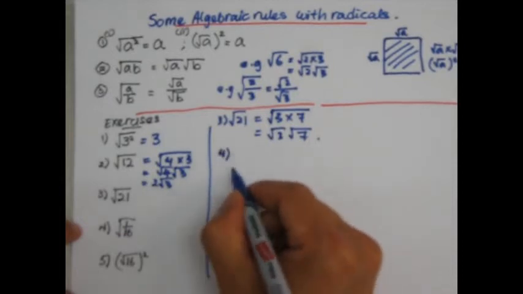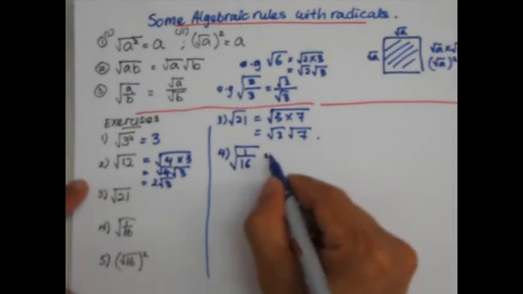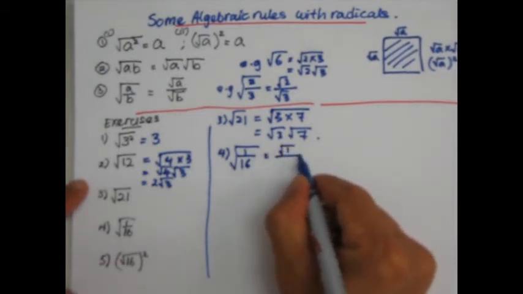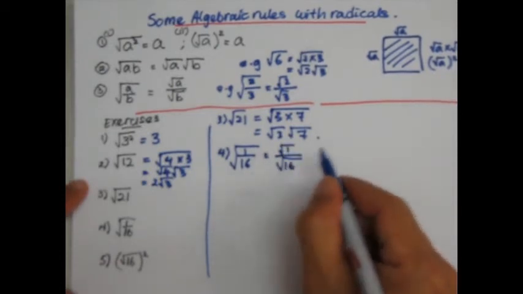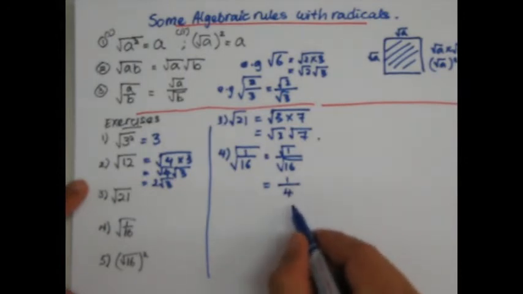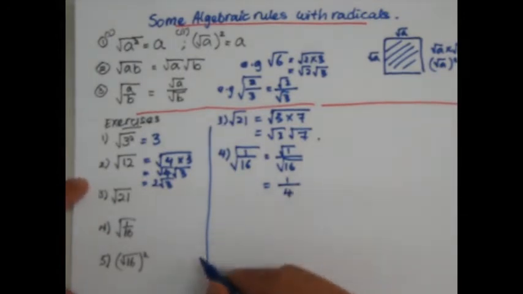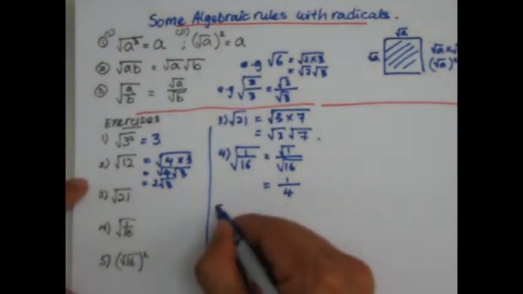Question number 4, square root of 1 over 16. This is the same as square root of 1 over square root of 16, so that's basically 1 over 4. Square root of 16 is 4, remember that. And the last one is square root of 16 times square root of 16.